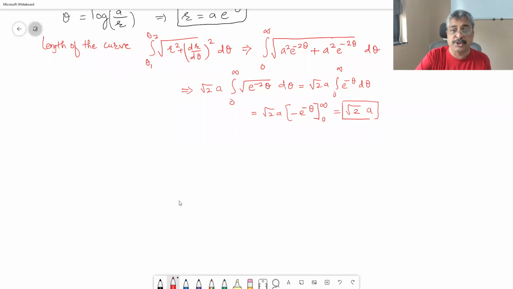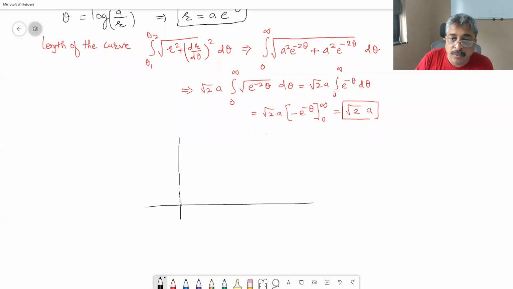Now understand this situation, very important. We have y and x and we have a curve, something like this. When it comes to polar form, suppose you are considering this point, the starting point, and you are drawing a tangent to it.